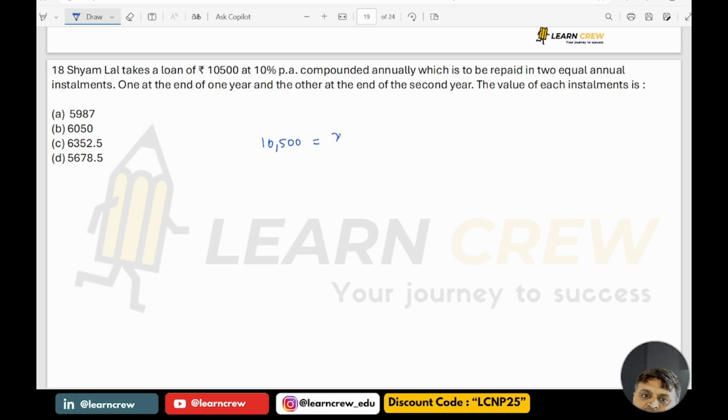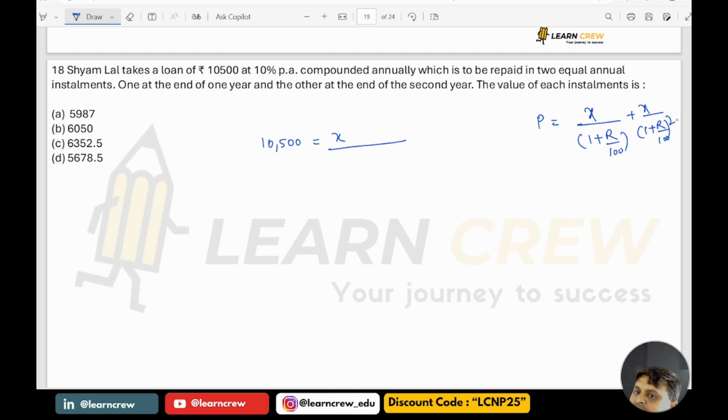Okay, if X is each installment amount, then we have a formula: P is equal to X by (1 plus R by 100) plus X by (1 plus R by 100) whole square, and so on.